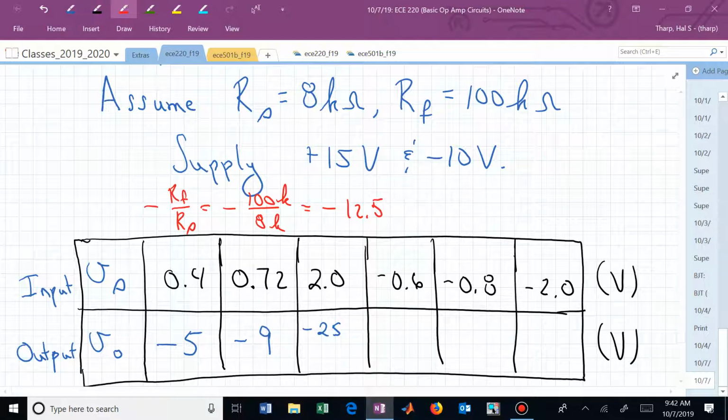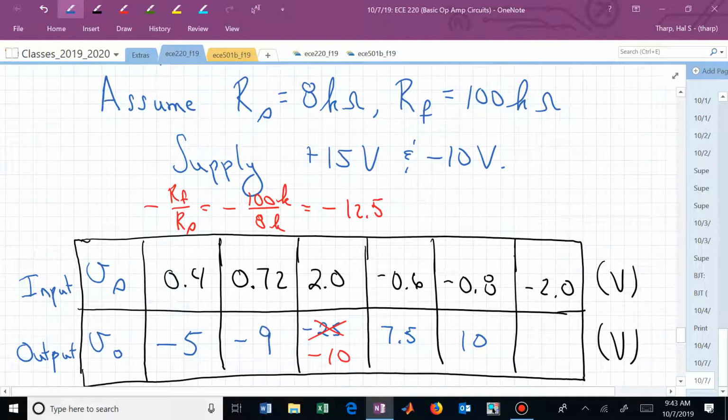Oh, that saturated, didn't it? And our supply voltage, the negative supply voltage, was -10. It wasn't equally spaced like the positive was +15. So now we saturated at -10. What about -0.6? I hope you calculated this. 7.5. That's still less than 15, isn't it? -0.8, 10, which is still less than 15.